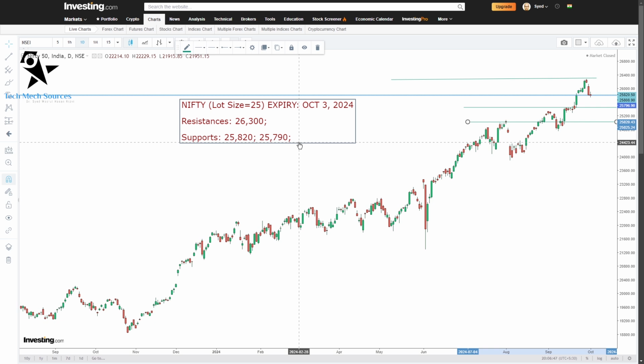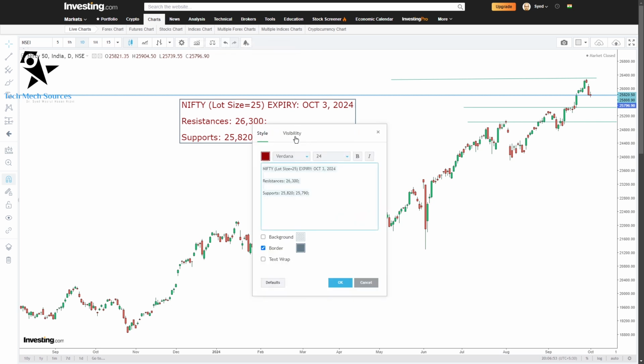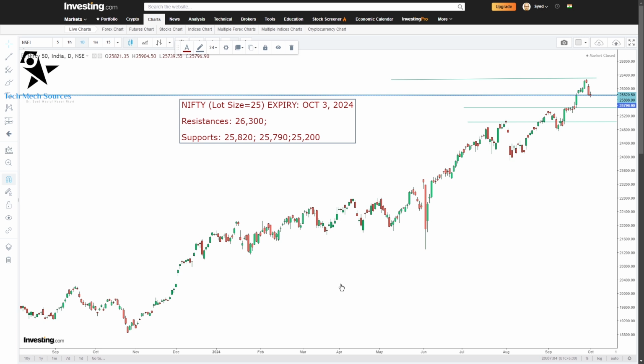So 25,796 and then 25,200. Well, quite far, but anything can happen in the market. 25,200 is again a support. So this was about the supports and resistance for the Nifty daily chart.